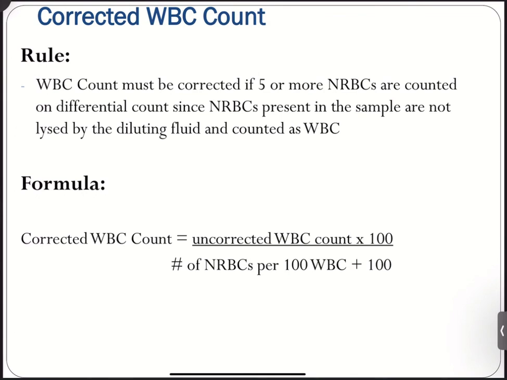Thus, you can count them as WBCs in the counting chamber. The corrected formula is equal to the uncorrected WBC count times 100 over the number of NRBCs per 100 WBC plus 100.